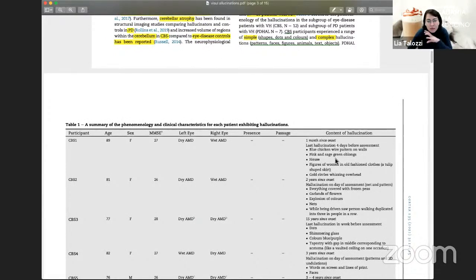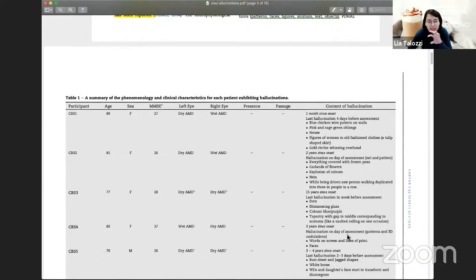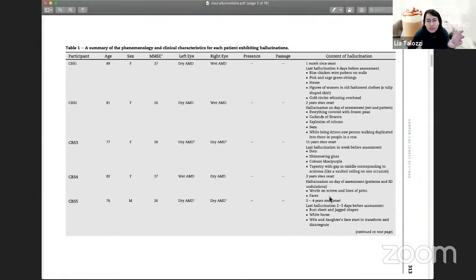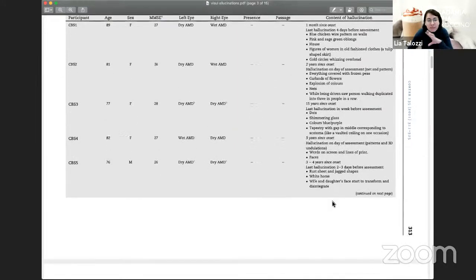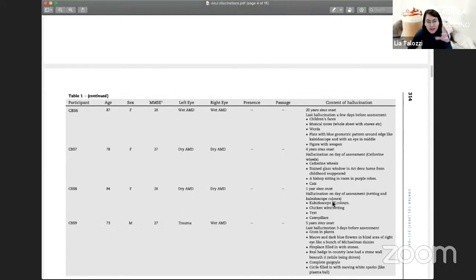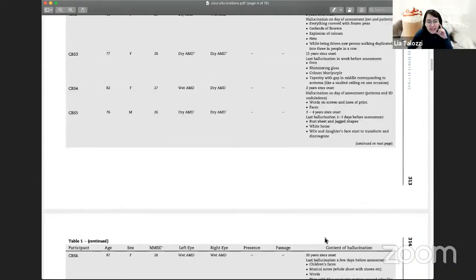They can be related to houses, animals, glimmering glass, colors, sometimes the walls or words on a screen, and the lights of print, white oars. There is a huge variety. Caterpillars, text, chicken was something in a different patient, cats.